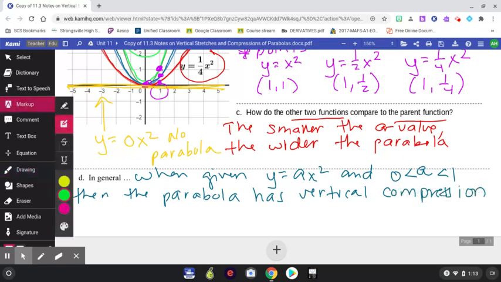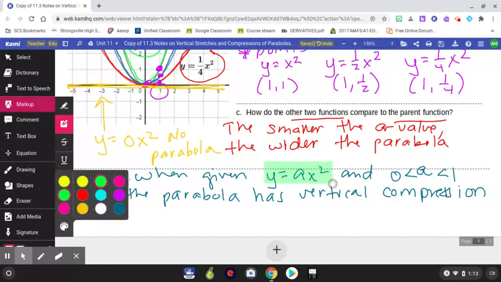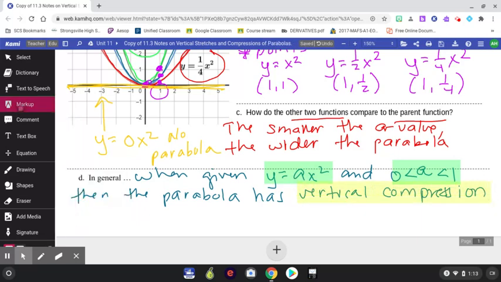Okay, so some keywords here that I want to make sure that we highlight, okay? Again, y equals ax squared. This time a is between 0 and 1. And when that happens, we get something called a vertical compression. And that compression means that we are going to push towards the x-axis.